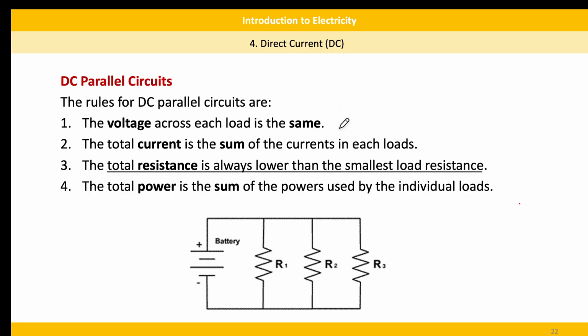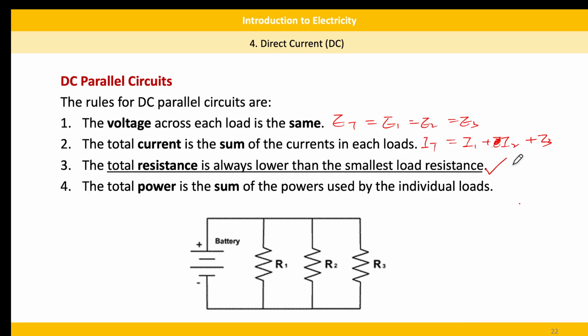In a parallel circuit, the voltage across each load is the same, so ET is the same as E1, the same as E2, the same as E3. The total current is the sum of the current in each load: IT is I1 plus I2 plus I3. And total resistance is always lower than the smallest load resistance.